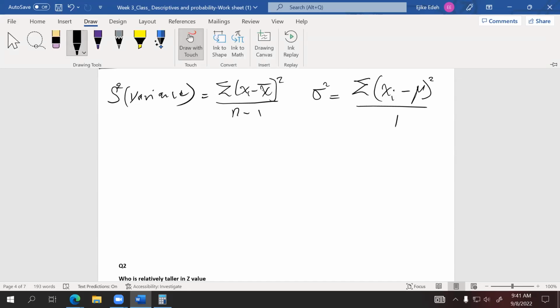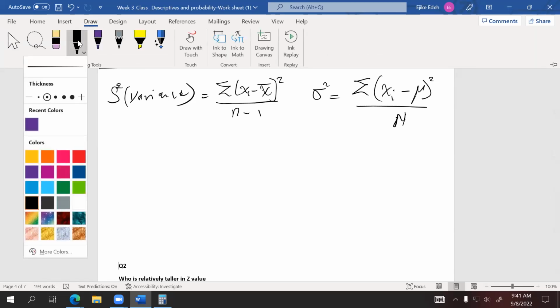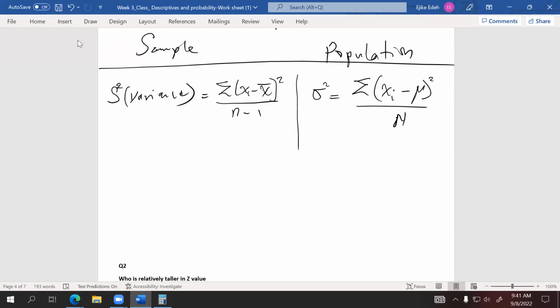Divided by N, and so you see these adjustments. If the sample is very large, these two formulas will give you the same answer, like we saw in percentile. But if the sample is small, then you get different answers. The adjustment is just to correct for sample size, this minus one that you have in the sample equation.